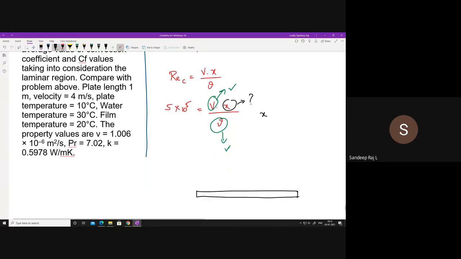All of you draw this figure. This is important for all of you. This is laminar, and this part is turbulent.